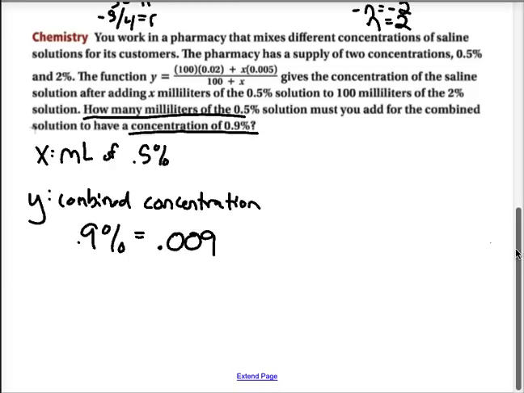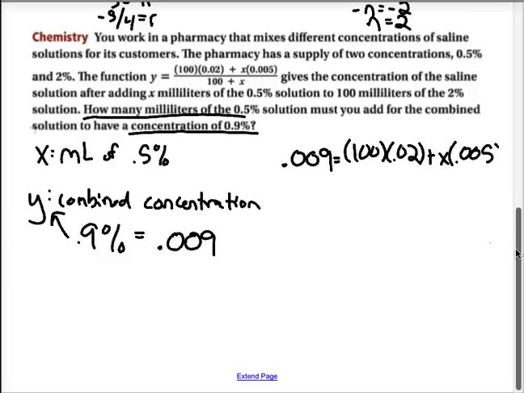And again, that is going to be my Y value. So I'm going to plug that in. So 0.009 equals, then they have 100 times 0.02 plus X times 0.005, over 100 plus X.